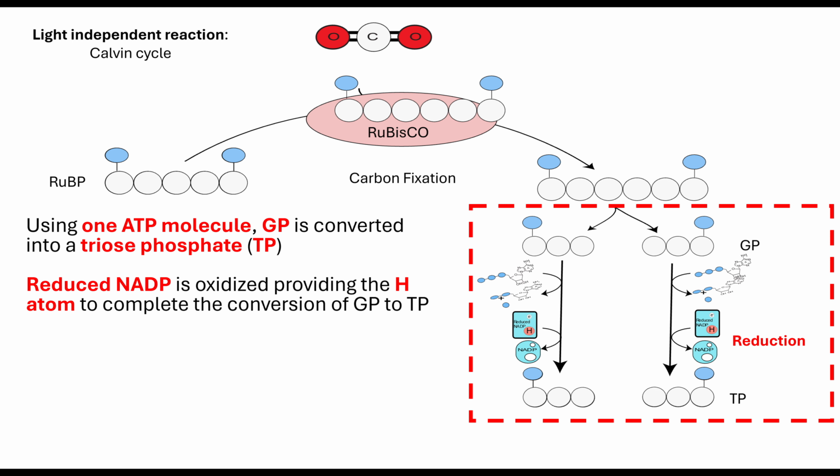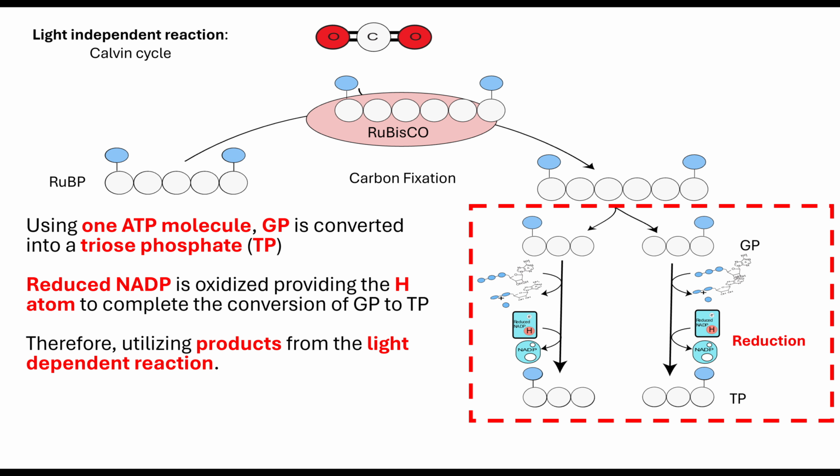So when we are reducing our GP to our TP molecule, our NADP has now been oxidized. So we are adding the hydrogens in to finish that conversion of our GP to our TP molecule.